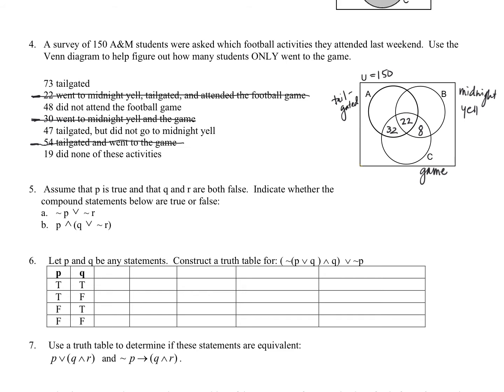So these two sections, colored in red, need to add up to a total of 47. So you can see the bottom section in red is 32. So I can take 47 and subtract off the 32. And there are 15 students then that only tailgated. So now I've done that part.